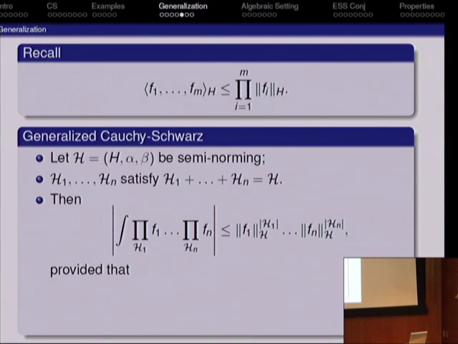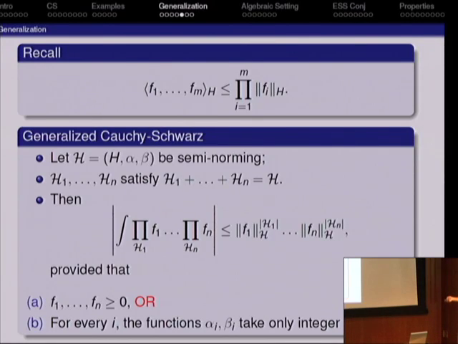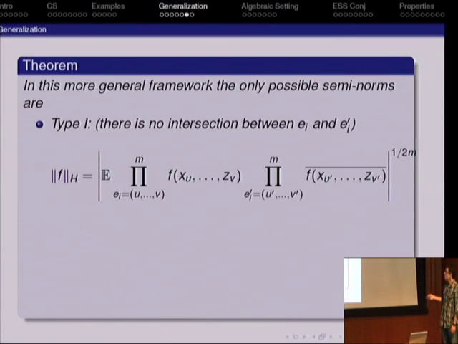So if I look at the product defined by the first one times the product defined by the second one, and so on. But here we need to require that either all the functions are positive, or we are in this nice combinatorial setting where alpha_i and beta_i are actually integers, so we can expand things. But okay, so we have this Cauchy-Schwarz type inequality.